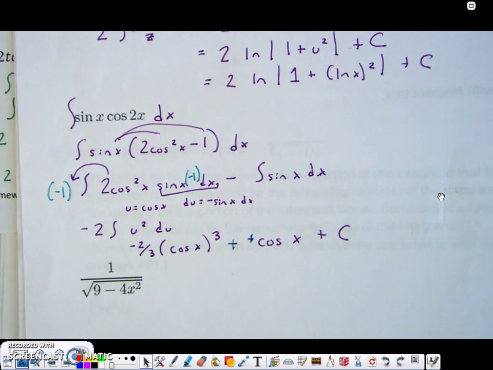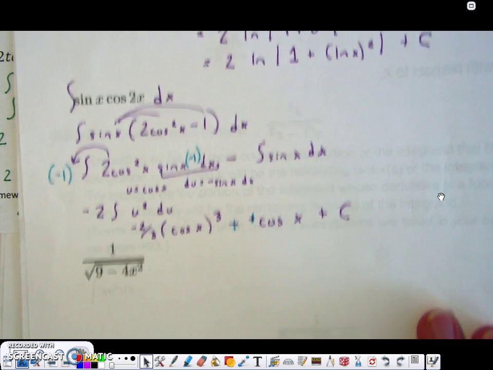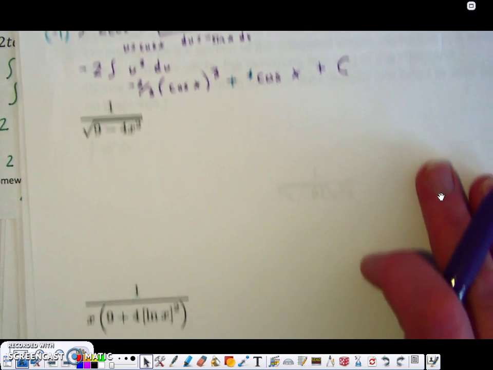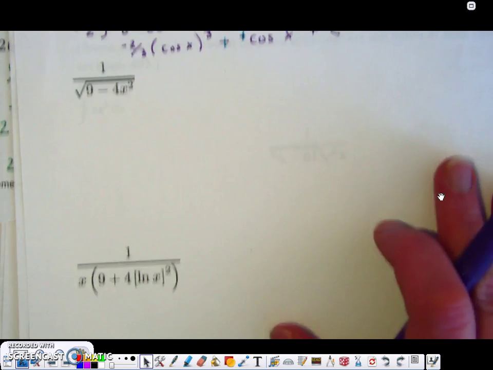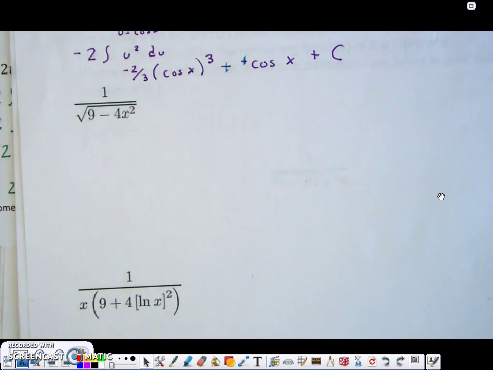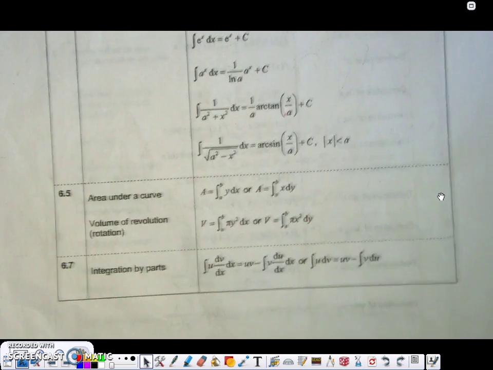Okay, so you're using a mixture of trig identities and trig substitutions. Any thoughts on how to solve that one? Here, I'll put it up for you.